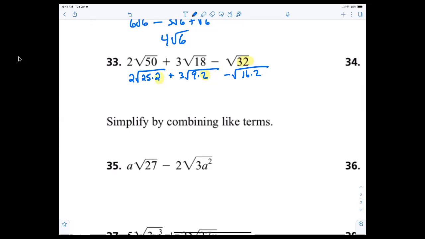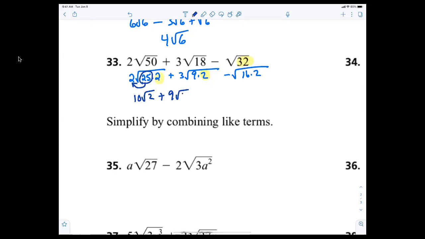All right, so now you got to break them down for me. Let's go. So. Come on now. What's the square root of 25? There's a 2 out in front. So what does that become? 10. All right, next one. Get this one. How did you get that? Oh, it's 9.